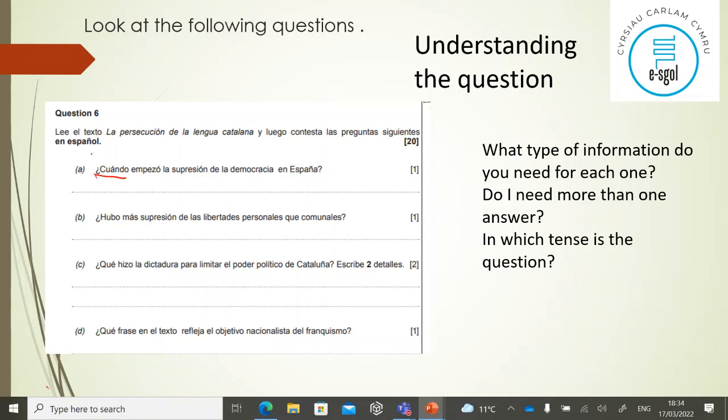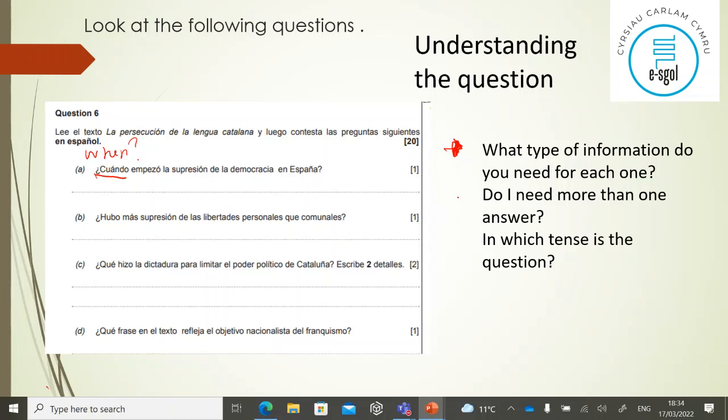It's when. So what type of information do you need for each one? This could be a date, a particular period in time, or a process. But when: empezó, started, la supresión de la democracia en España, the suppression of democracy in Spain.